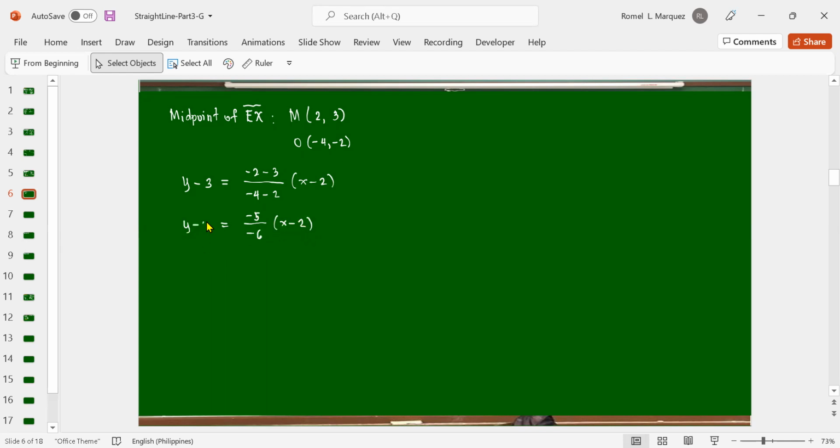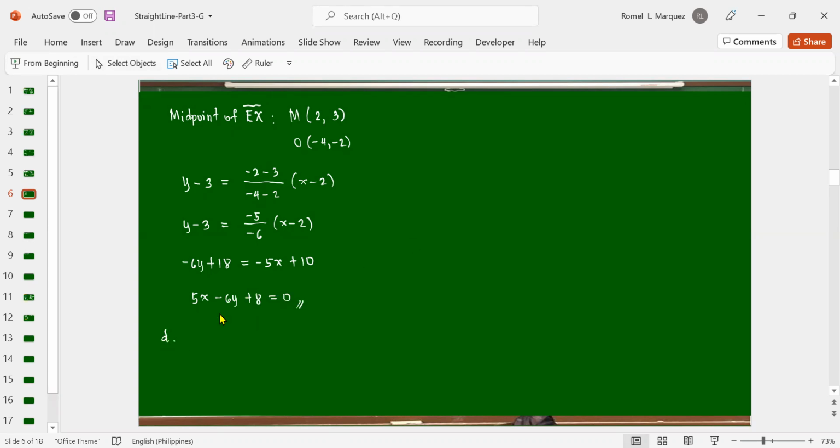Then on the left side, y minus 3. Multiply by negative 6: negative 6y plus 18 equals negative 5x plus 10. Am I right, guys? So finally, we have 5x minus 6y plus 8 equal to 0.